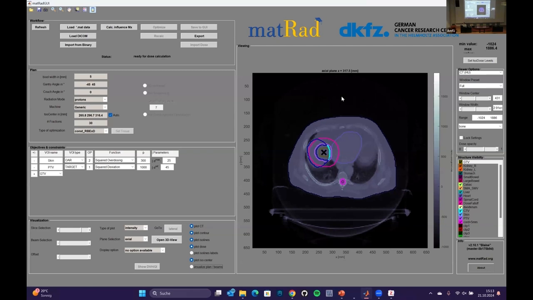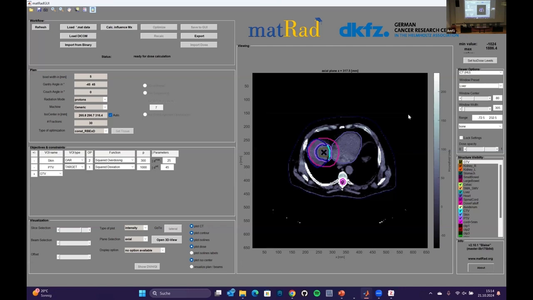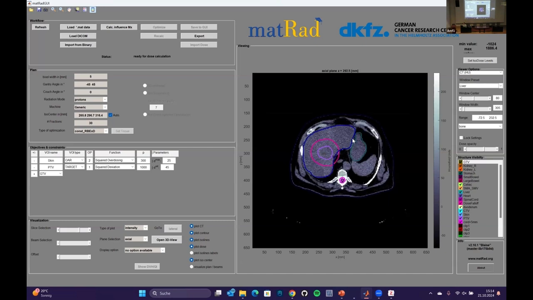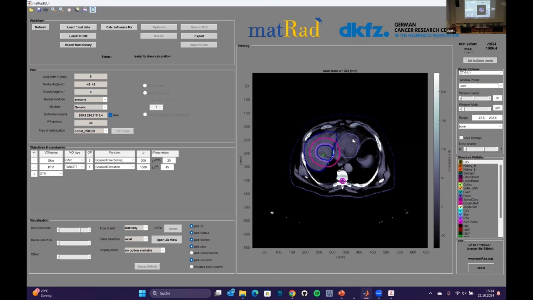And then there should be a window preset for liver here on the right side for visualizing this region of the body. And you see there's now a very strong contrast between the lung and the liver, and some contrast that even allows you to see a little bit of heterogeneity within the liver.